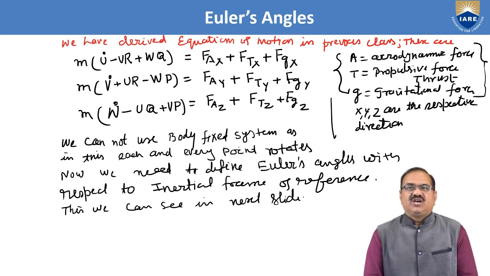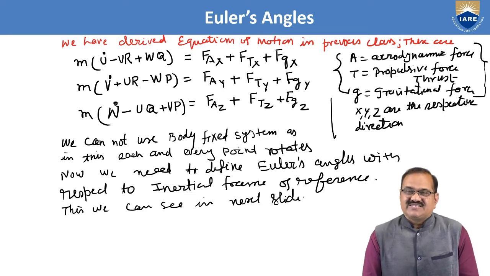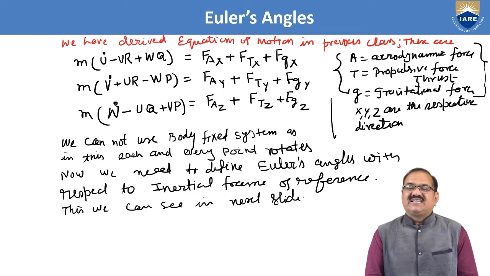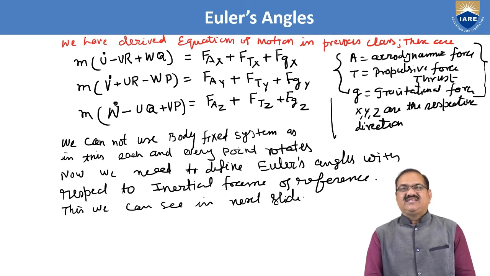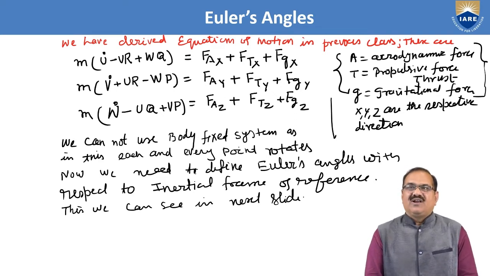These are m(U dot minus VR plus WQ) is equal to FAX plus FTX plus FGX, where A is aerodynamic force, the subscript T indicates the propulsive or thrust force, and the subscript G indicates the gravitational force, and X, Y, and Z indicate the direction of the force. So the first equation is the force equation for x direction.